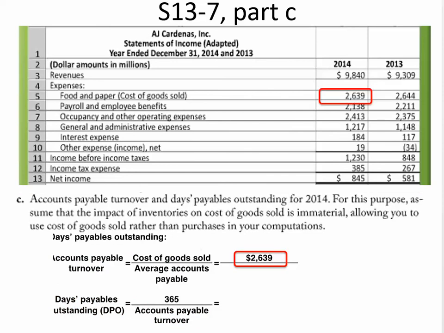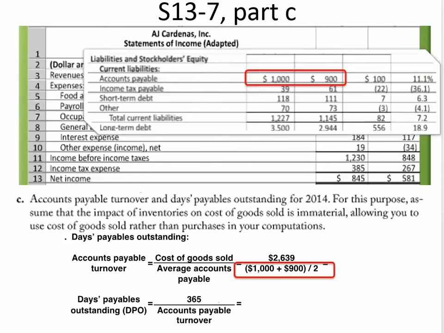Let's tackle accounts payable turnover first. We're going to take cost of goods sold from the income statement. Then we need to get the average accounts payable, and just like before, to get the average we need to take this year end plus last year end and divide by 2. So what you're seeing there is the 1,000 accounts payable from this year, 900 last year, divide by 2.